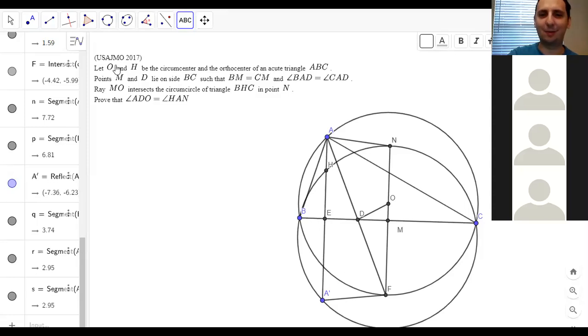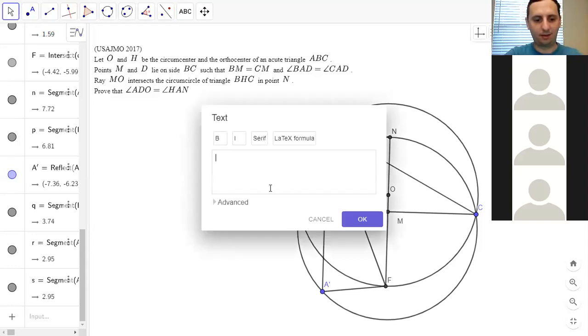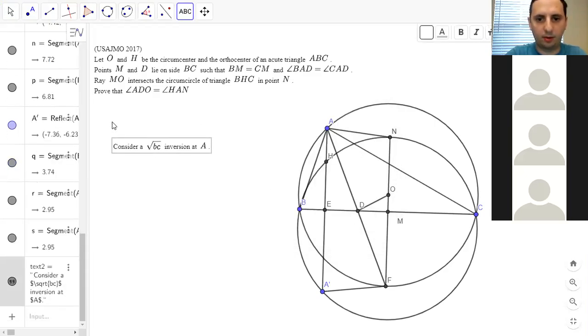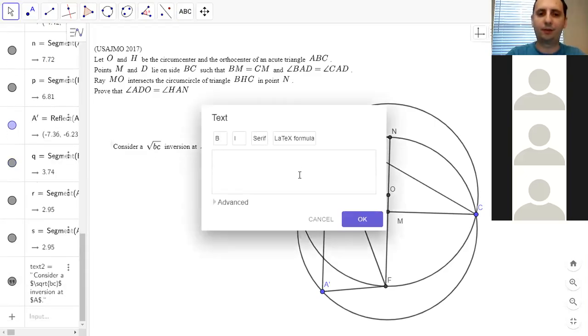I'm surprised they did a problem like that simple for USAJMO. So I'll just type it up quickly. Consider a root BC inversion at A. You still have to think of the point A prime, which isn't that hard, but it's something.